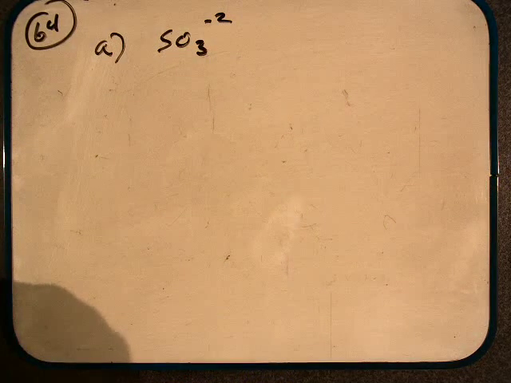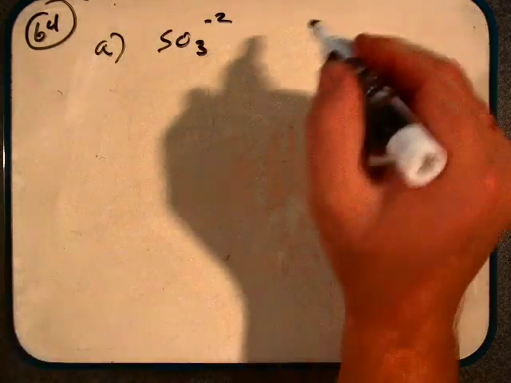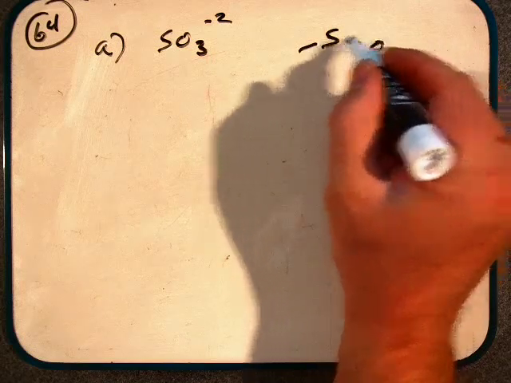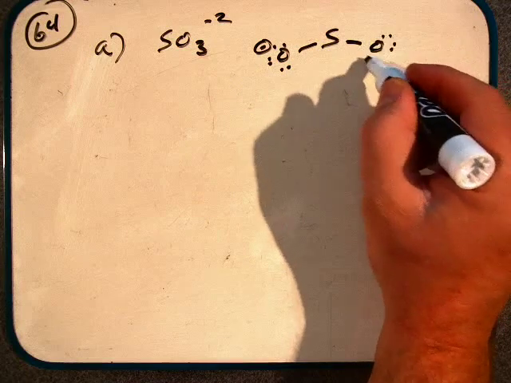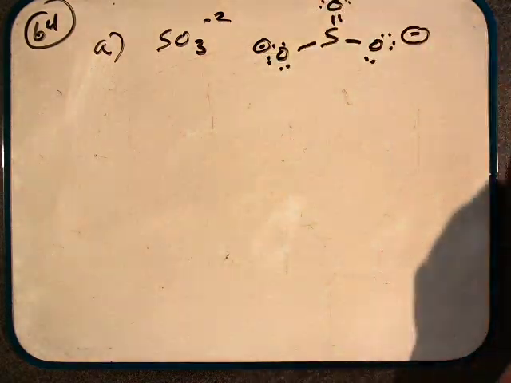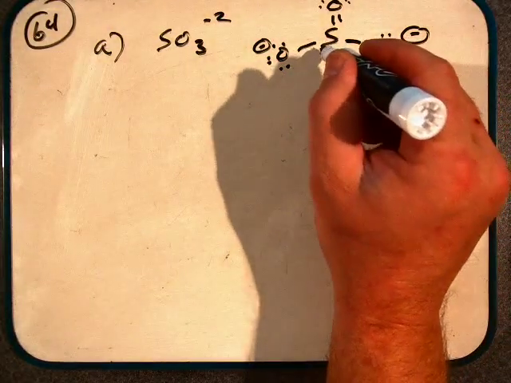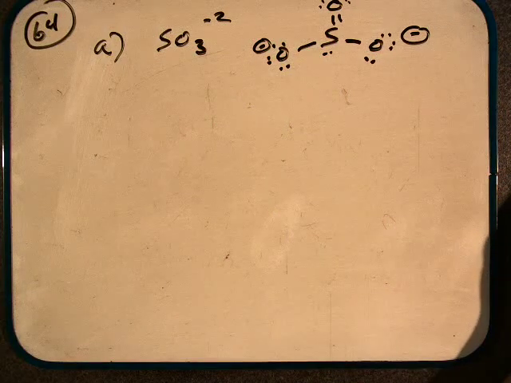And if we follow our electron count, we would expect to get a structure that has two sulfur oxygen single bonds, each one of those oxygens being negative, and then we end up with the last oxygen having the double bond with the sulfur, which means sulfur still has a lone pair of electrons.